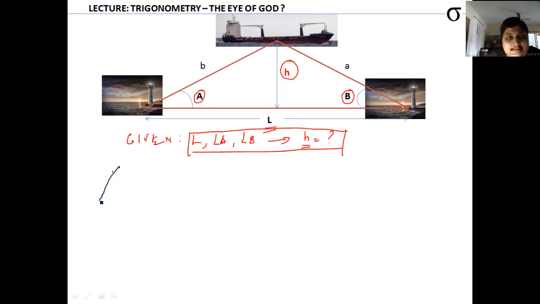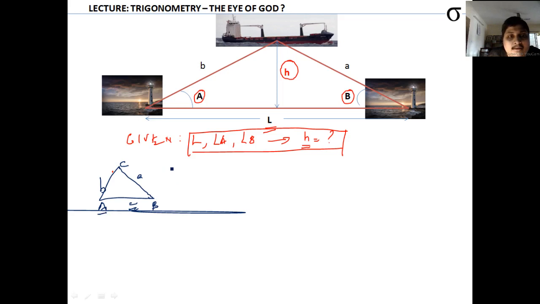So we have a triangle. In this case, we have the angles A, B. Note down these notations because this is typically common parlance. You mark the sides with small letters and you mark the angles with capital letters.